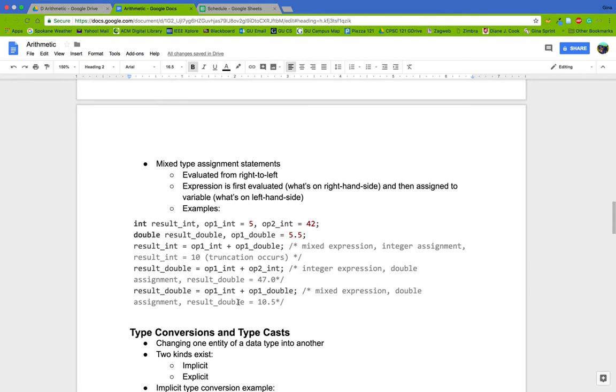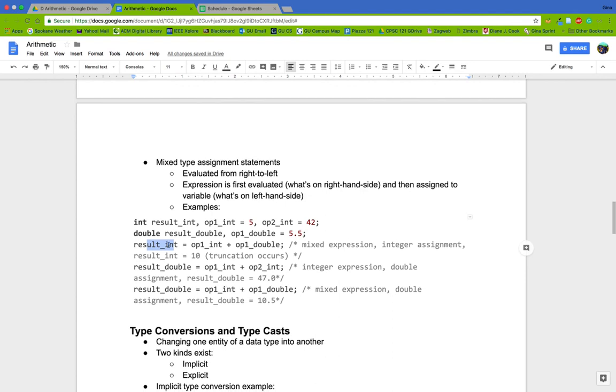So here's some examples here where we have 3 integers and we have 2 doubles, and we're kind of mixing them together. So like a double plus an integer is going to be a double, but then it's going to be saved in an integer. So that implicit conversion from a double to an integer will occur, which we saw a few videos ago, and the value will be truncated.